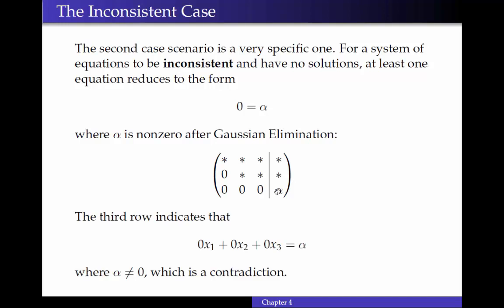So when we convert this back to our system of equations, this last row means that 0 times x1 plus 0 x2 plus 0 x3 is equal to alpha, where alpha is a non-zero number. So that's a complete contradiction. That's saying that 0 is equal to alpha. Can't have that. So there are no solutions. There's no values for x1, x2, and x3 that will make this true.